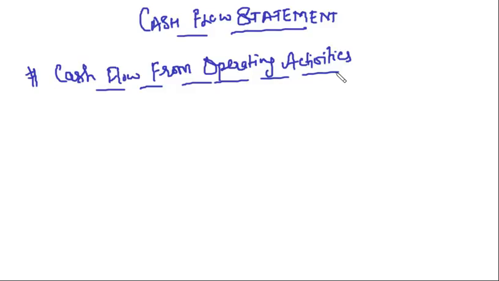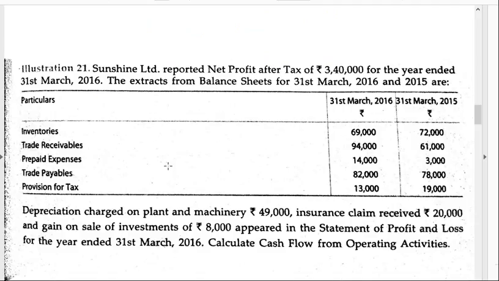Okay. Now, let's see a practical problem on this. Sunshine Limited reported net profits after tax of 3,40,000 for the year ended 31st March 2016. The extracts from the balance sheet for 31st March 2016 and 2015 are given to us. In that we are given the inventories, trade receivables, prepaid expenses, trade payables and provision for taxation.